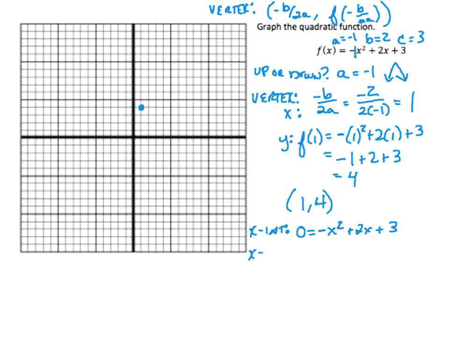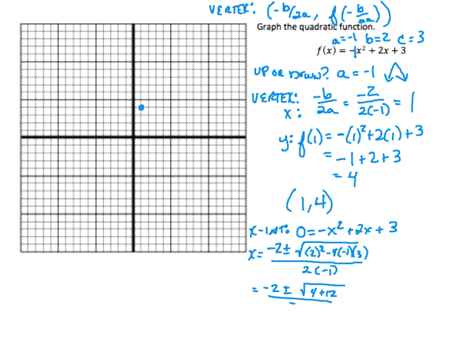So x equals the opposite of b plus or minus the square root of b squared minus 4ac, all over 2a. So negative 2 plus or minus the square root of 4 plus 12, over negative 2, which is negative 2 plus or minus the square root of 16 over negative 2.